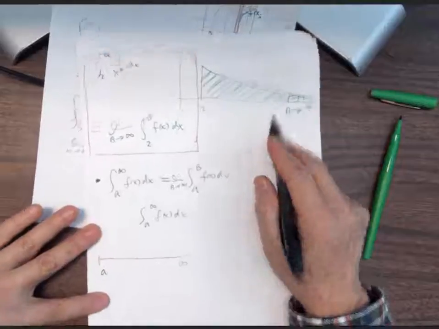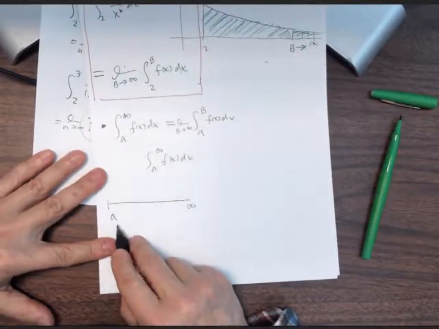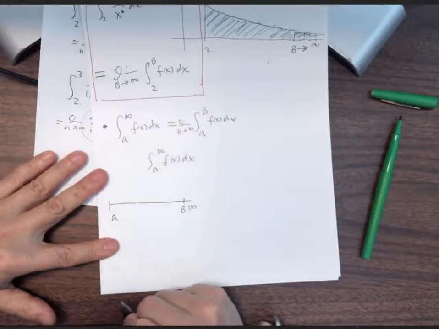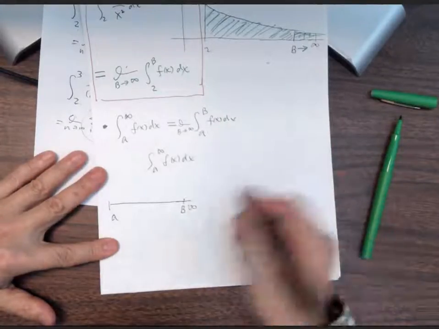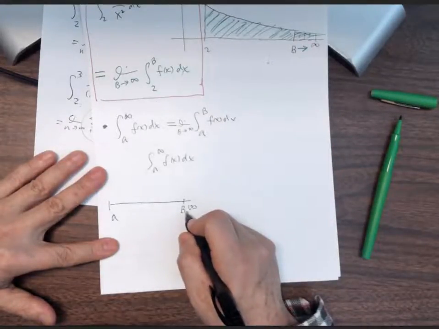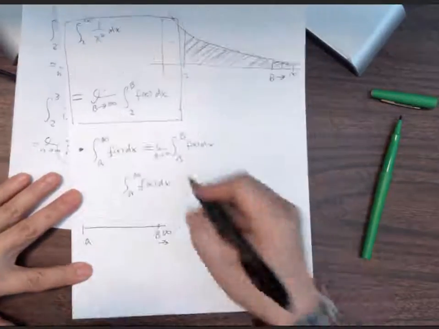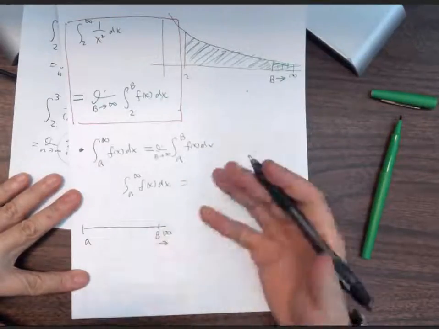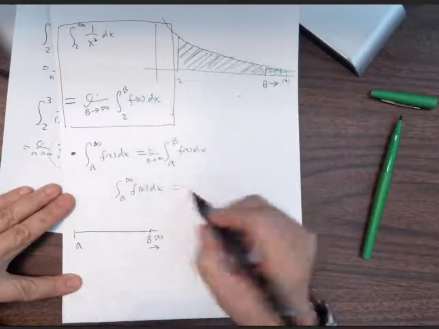Inspired by the graph, by the definition, I say, okay, I cannot go from a to infinity, I can go from a to b. Because b will be sent to infinity, I place b much closer to infinity than the other end.